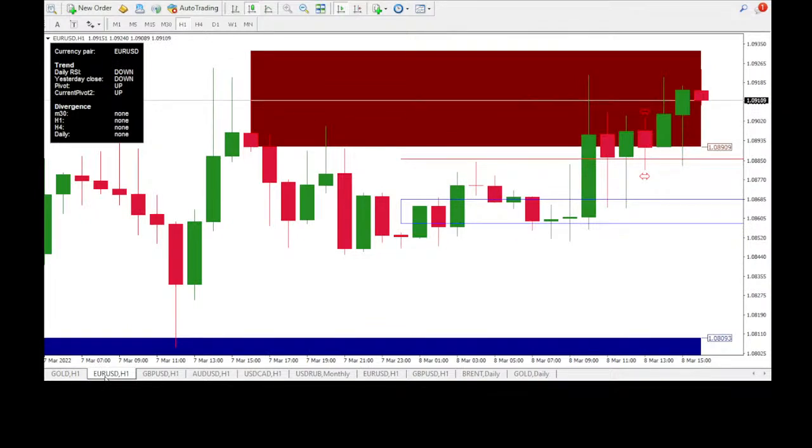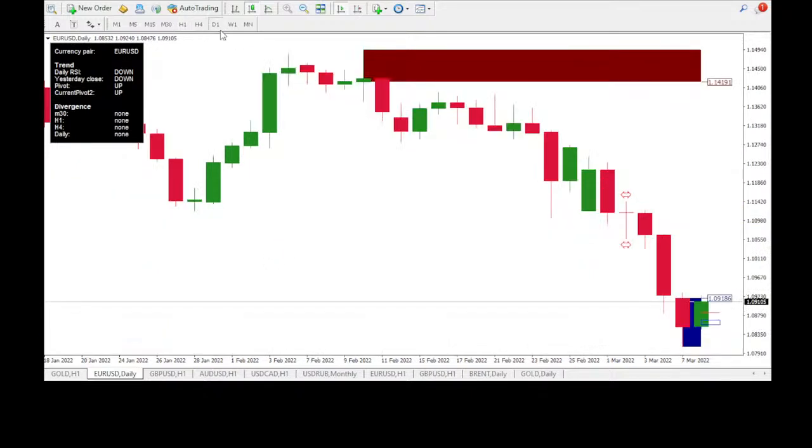As you know, just to tell about the opening range, we have the daily bullish trend. What's more important is that we are right now in a strong bearish trend.